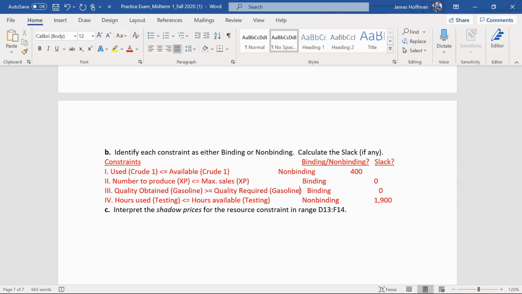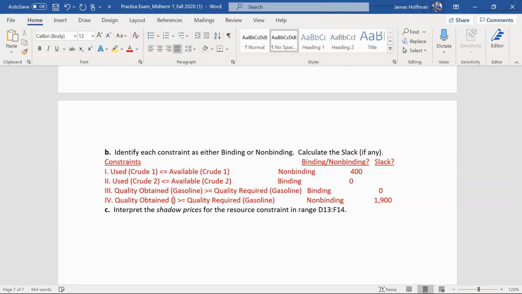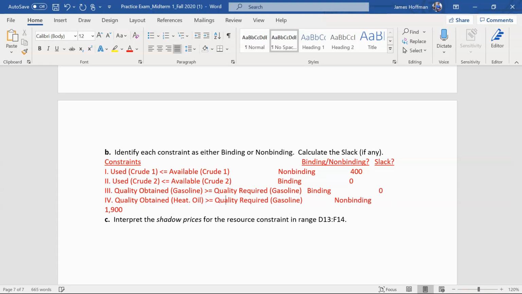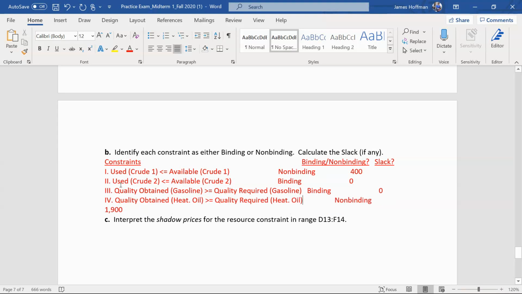So let me finish that, and then we'll go through the binding, non-binding, slack. Okay, so those are the constraints.